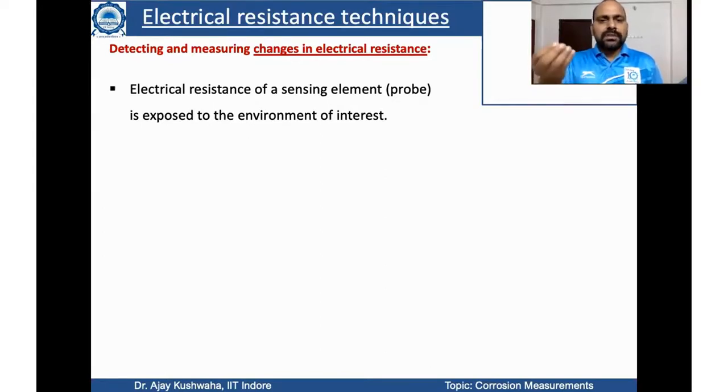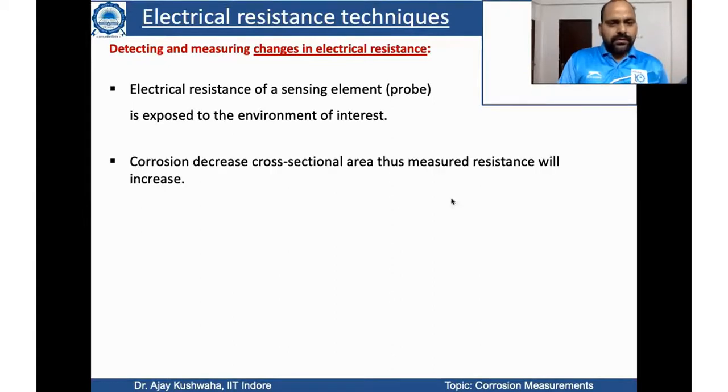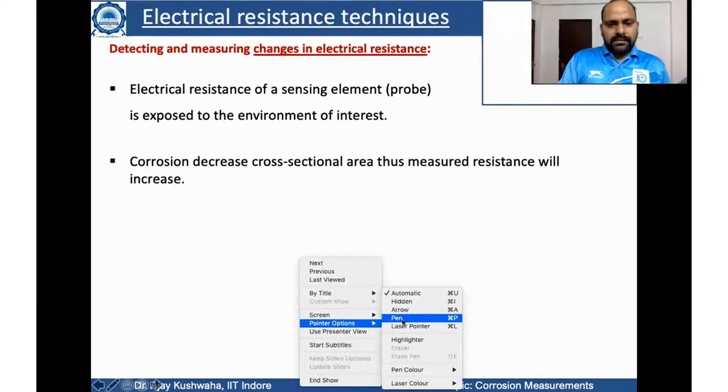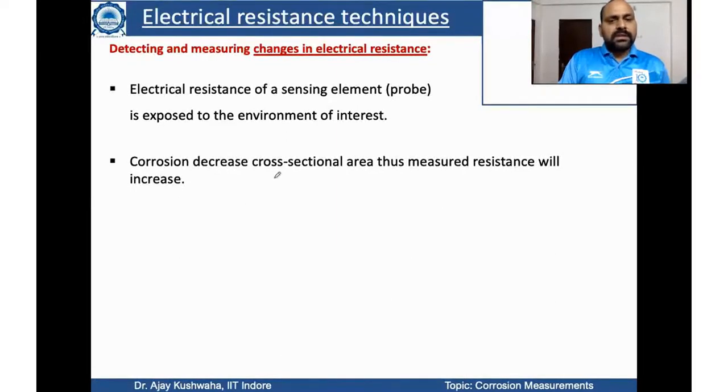Just use the same metal as a sensing element or sensing probe, designed in a specific manner, which I will show later. Then you can expose this probe to the specific environment in which you are willing to test it and see what kind of changes happen in the resistance. As we know, there is a decrease in the cross-sectional area, thus the measured electrical resistance will increase.